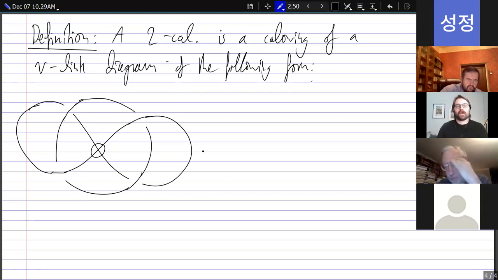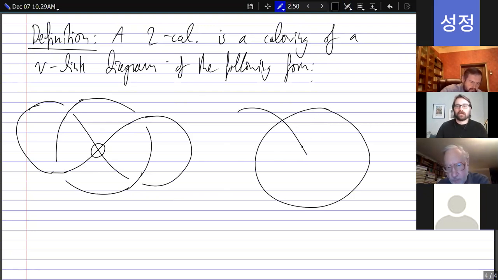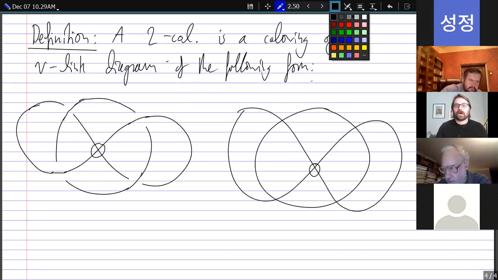Then a two coloring of it is as follows.